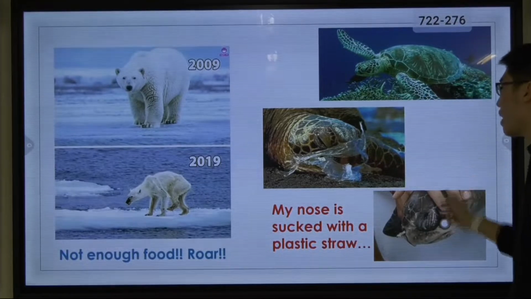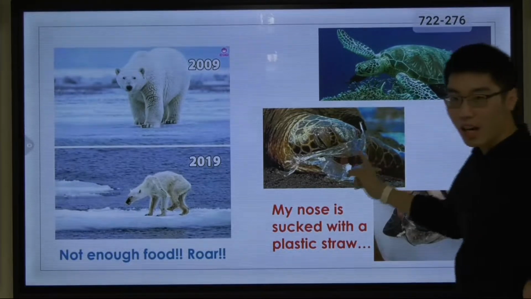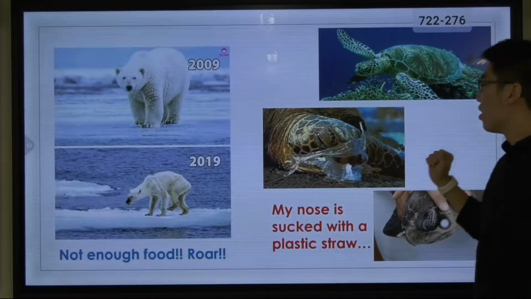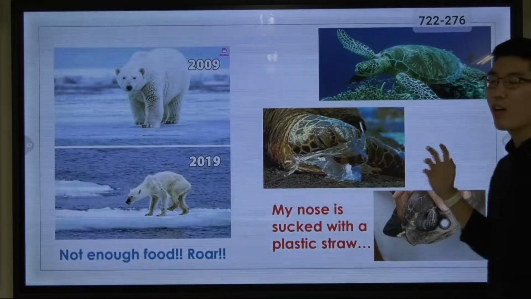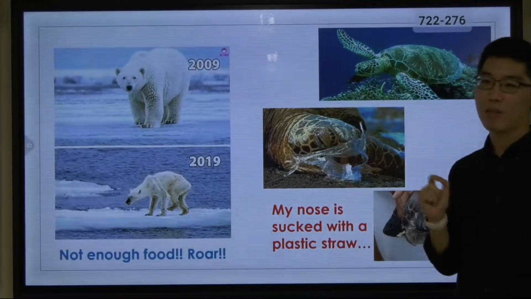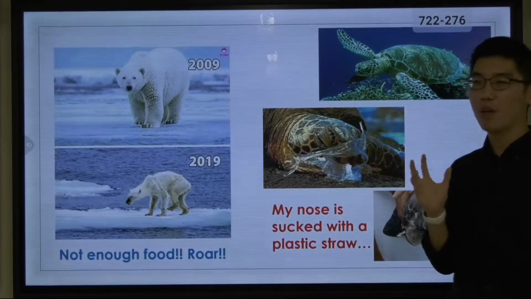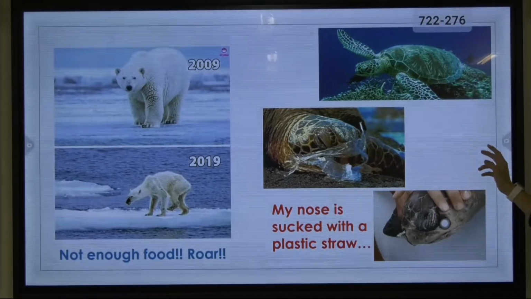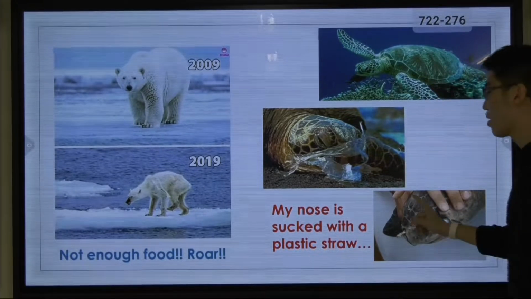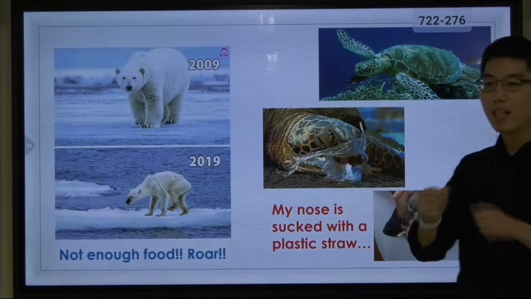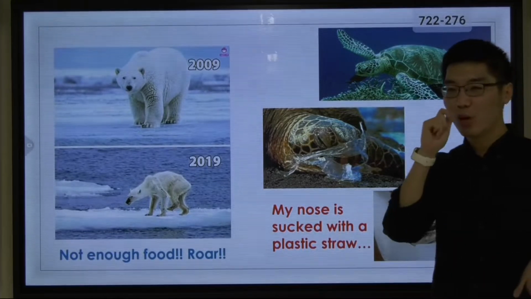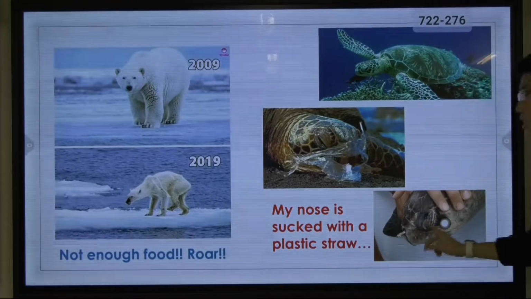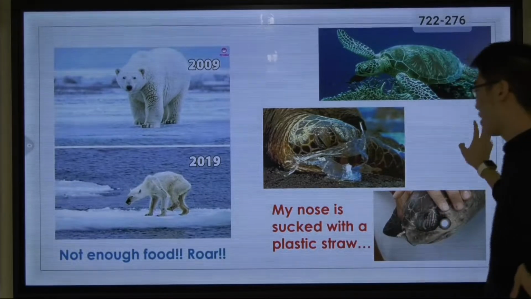Many plastic bottles and plastic bags are inside the ocean. How can you imagine animals living in such a horrible environment? Even the sea turtle got stuck with a plastic straw, 即係個膠飲管, in its nose. You can see it is struggling to breathe. So sad.